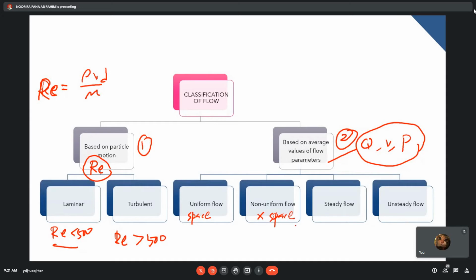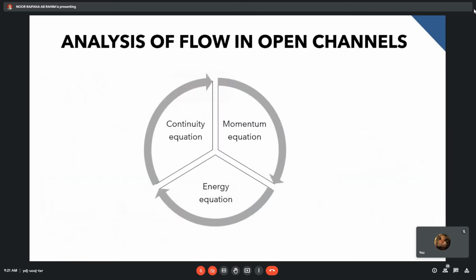Maksudnya dia berubah-ubah lah. And then for steady flow, flow parameters remain constant over a specific time. It depends dekat time. Maksudnya in time interval maybe sejam, dia punya flow parameters remain constant. For unsteady flow, flow parameters do not remain constant over time. So dia berubah-ubah. Jadi tahu sikit pun tak apalah. Okay, that one is for classification of flow.